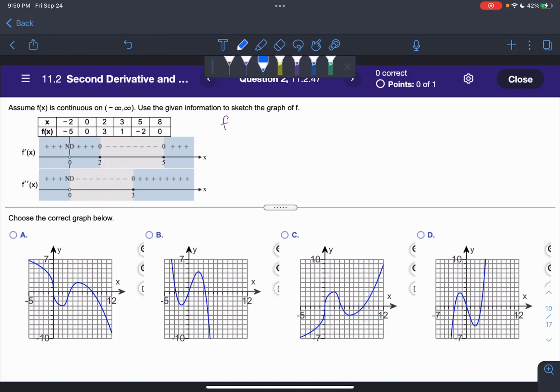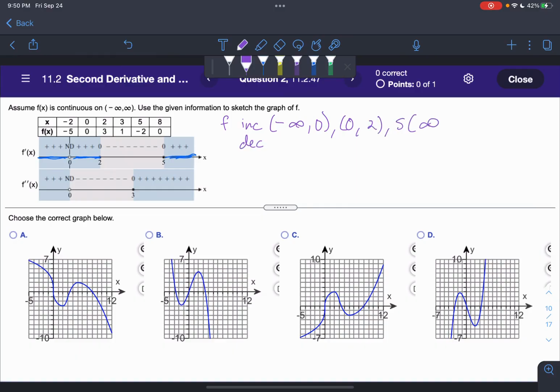I'm going to look at my sign chart for f prime, and this is going to decide whether my function's increasing or decreasing. I notice from here, oh, they highlighted it. I didn't even realize that. So in the highlighted blue areas, our f prime is positive, so that means my f is increasing on the intervals from negative infinity to these partition points, 0 to 2, and then 5 to infinity.